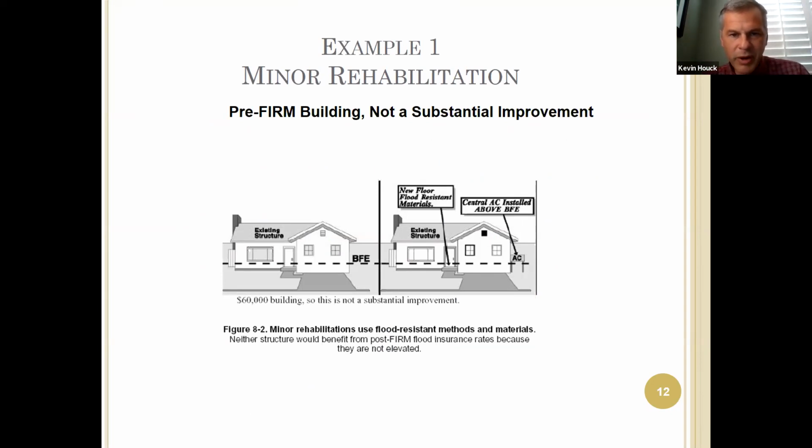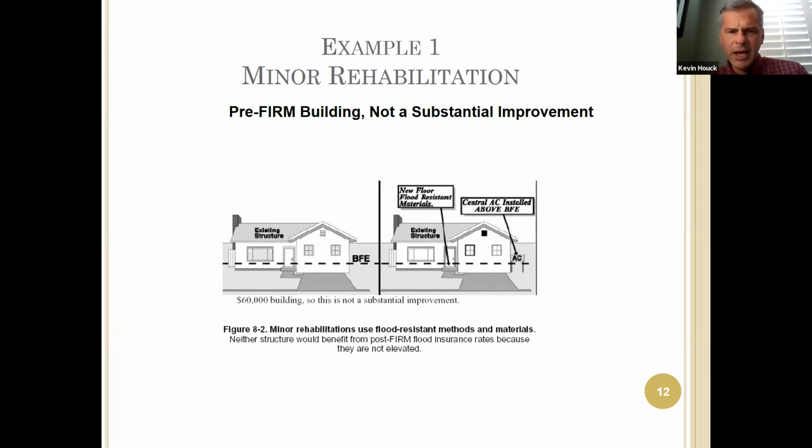So this is a pre-FIRM building and is not a substantial improvement. What's going on right here, you've got a pre-FIRM building where you can clearly see that the lowest floor is below the base flood elevation. And the improvements consist of new flood-resistant materials for a new floor, and also a new air conditioner for the house.